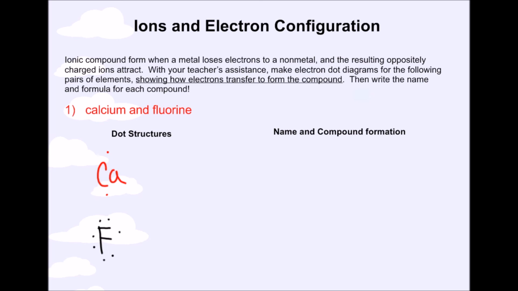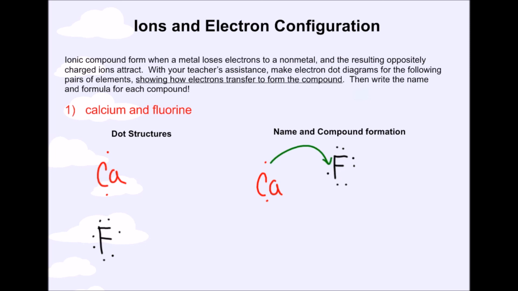So what's going to happen here is that calcium is going to give away its 2 electrons and fluorine is going to gain 1. So I want to show that happening. Here's my calcium and here is my fluorine. Because remember, when they are happy, they have 8 electrons. So calcium gives away 1 electron to fluorine.